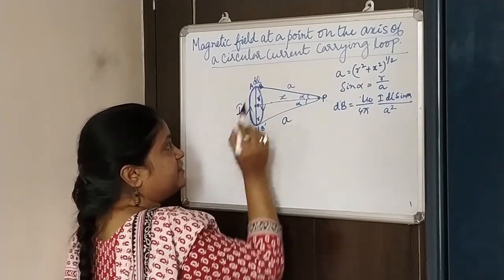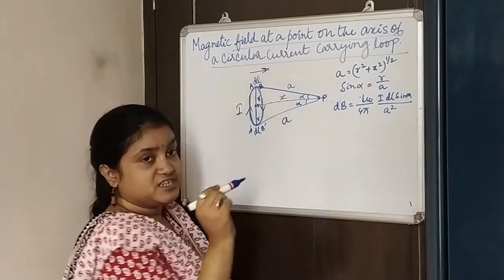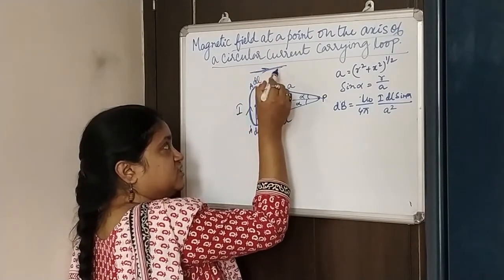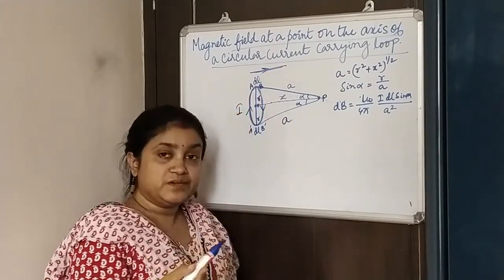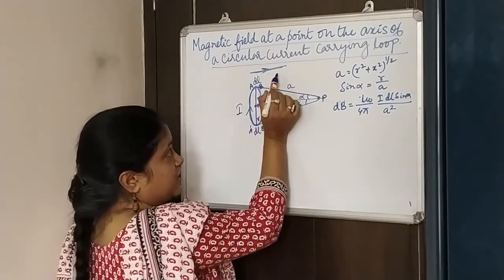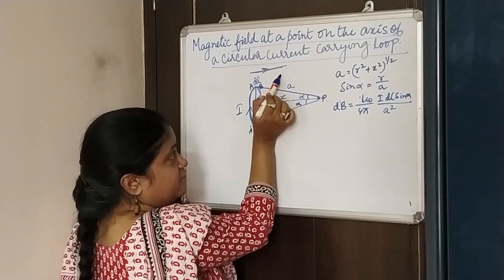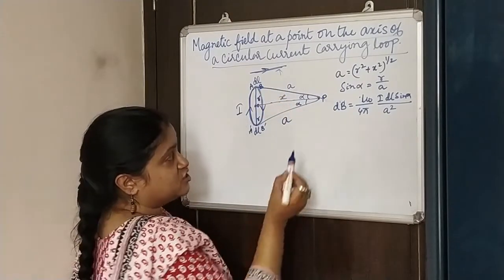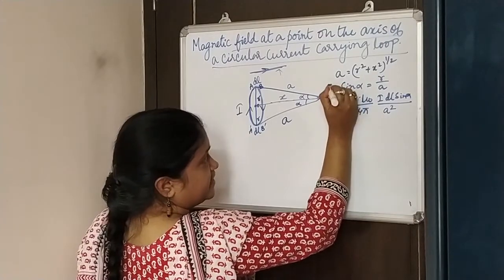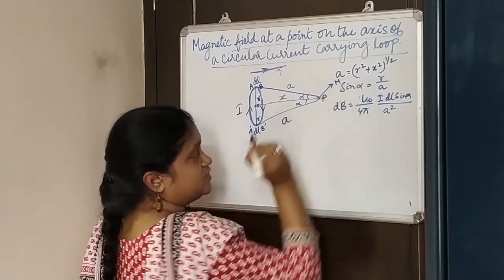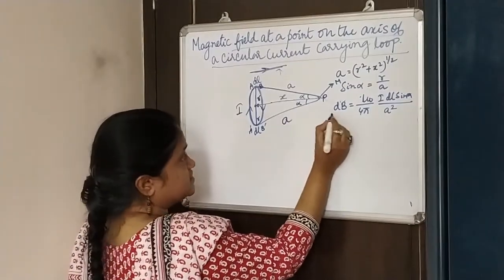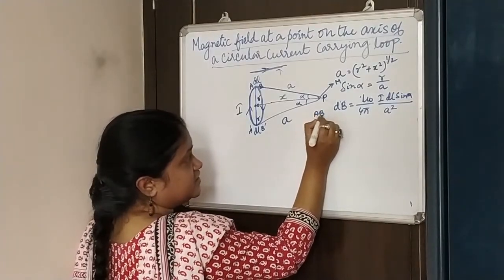Now you have to check the direction of this magnetic field. In case of AB, the current is flowing in this direction, and according to Ampere's rule, the magnetic field would move in this direction. So we can say that the magnetic field direction would be towards Pm. We have calculated this due to the section AB.